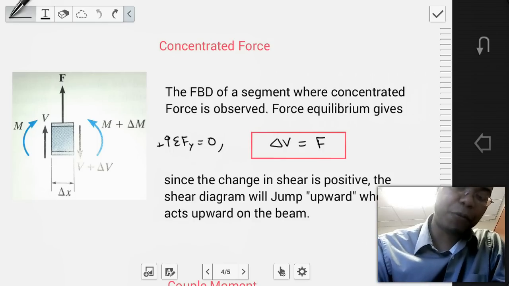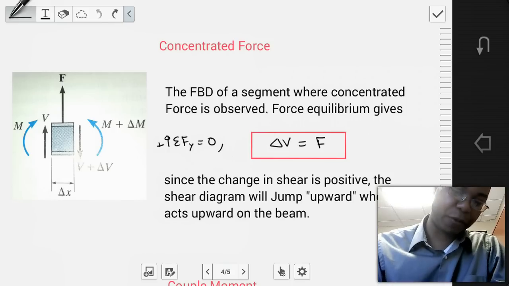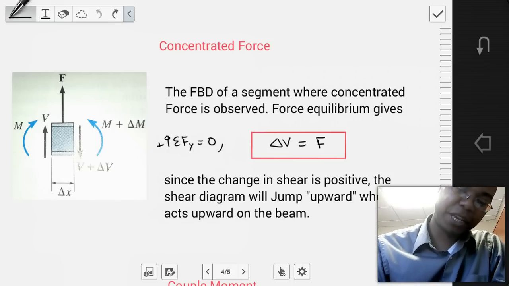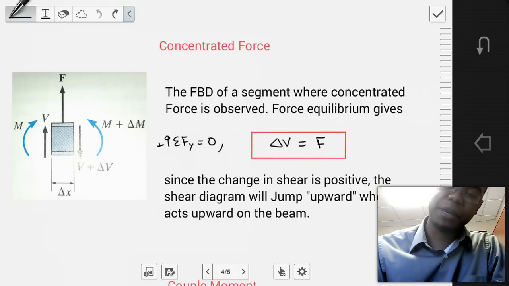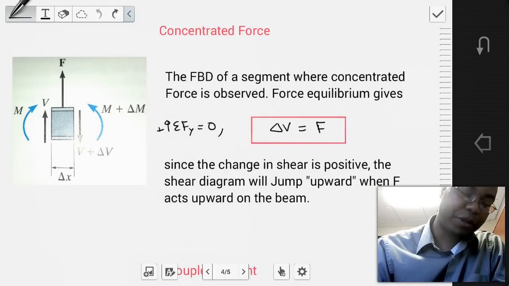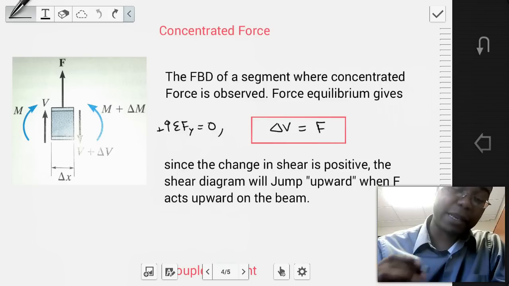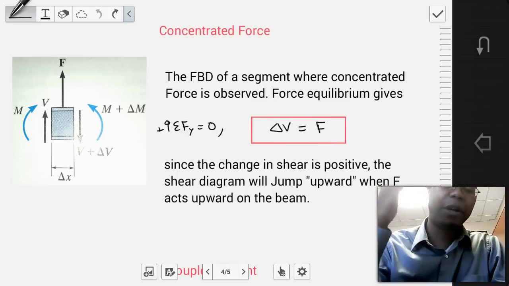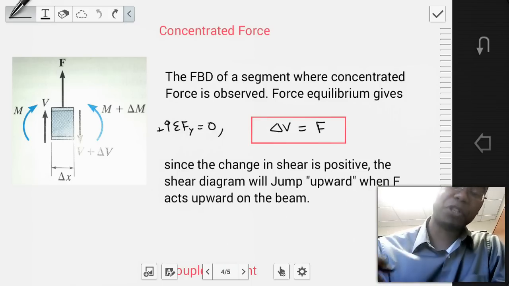We can apply our force equilibrium and it'll give us the following equation, where the change in the shear diagram is going to be equal to the magnitude of the concentrated force. Since the change in the shear is positive, the shear diagram will jump upwards when the force acts upward on the beam. So it's important for us to readily see that it's an instantaneous jump upwards if the shear force is positive.